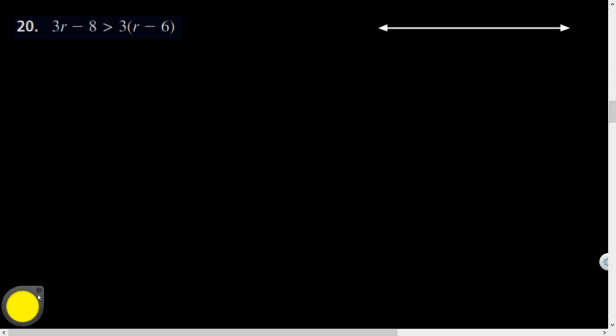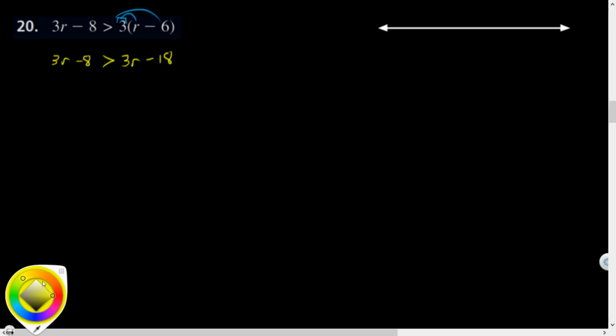Here we go. This one looks like we simplify first, do some distributing. Whip, whip, whip, whip. That's the sound effect that it makes, by the way. Official international math sound effects. And we got 3r minus 18. Bring these r's together, but friend, subtract 3, subtract 3.